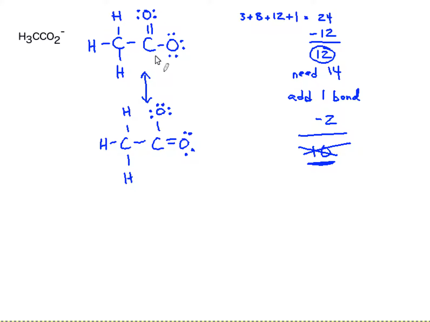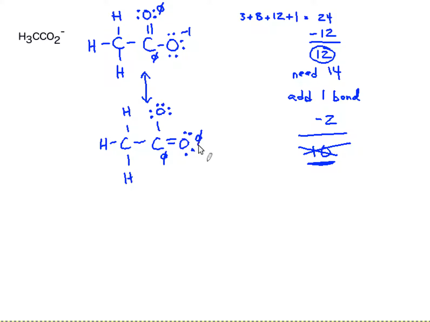In each of these carbons, my formal charges are 0. The difference is going to be with these oxygens. This oxygen has a formal charge of -1. And since I know that my ion is -1 charge, I know that this final oxygen is going to have a formal charge of 0.